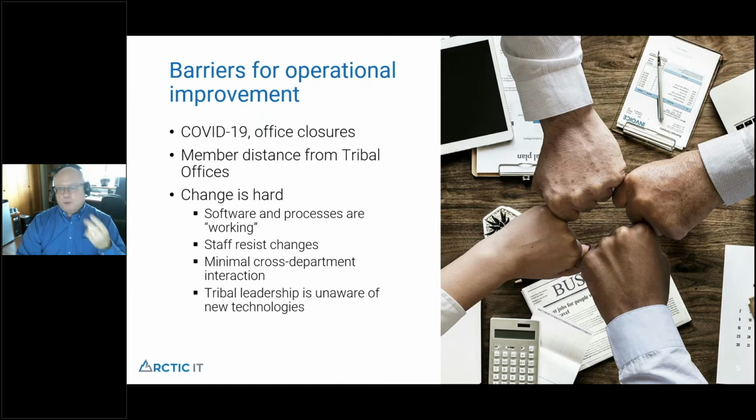Do I have to set up an appointment? Can I come in and see a person, or do I have to do this remotely? So it's a difficult situation for the tribal member to receive those services, or for you to be able to extend services to those people that need it because of the current situation that we're in with COVID.